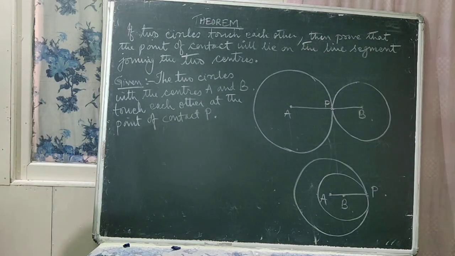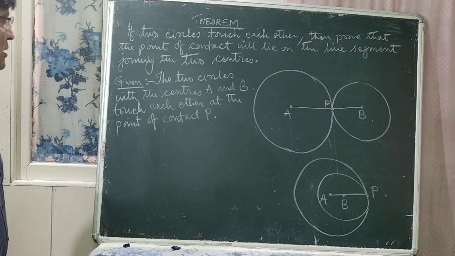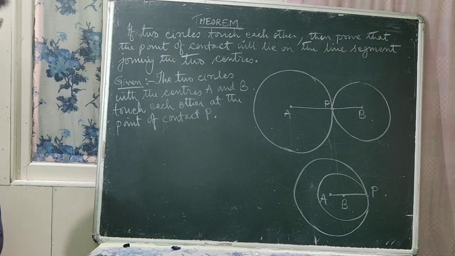So this is given. The two circles with the centers A and B touch each other at the point of contact P. Okay?